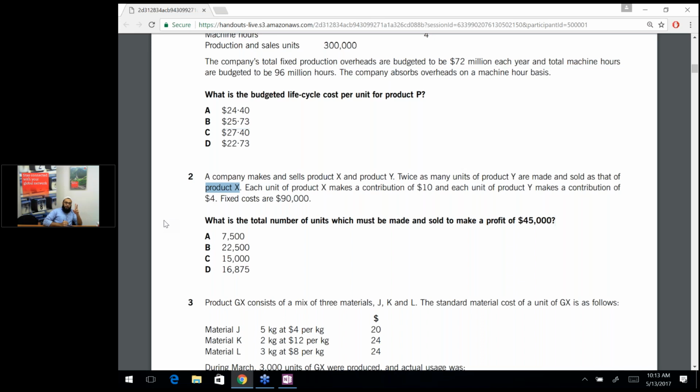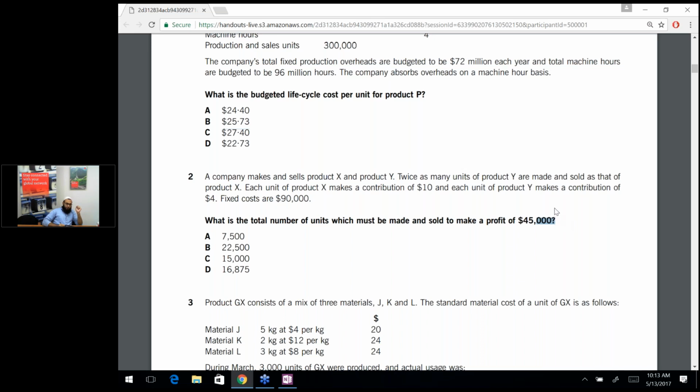So 2Y is sold with 1X. The contribution of X is 10, the contribution of Y is 4. Fixed cost is 90,000. Target profit is 45,000.